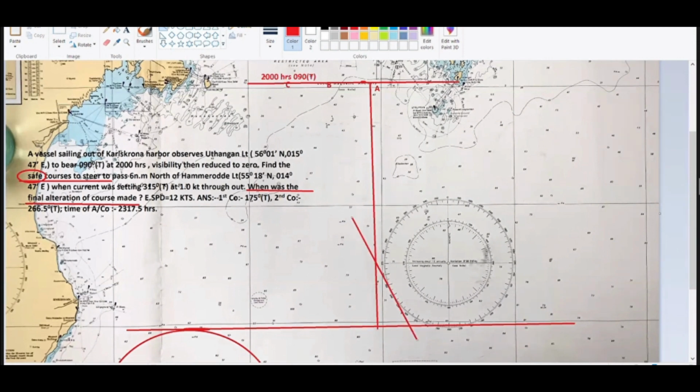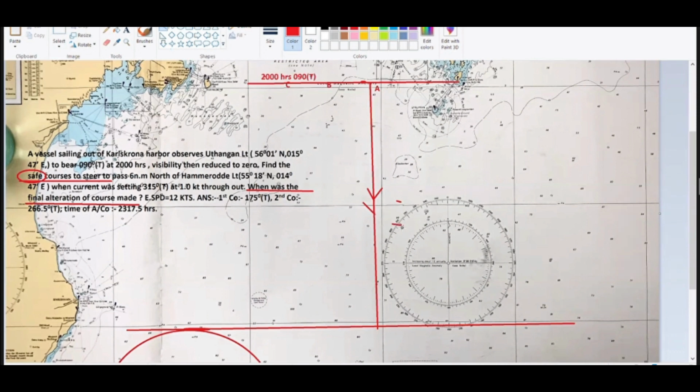So from A, cut your current. Suppose A to P, I'm cutting the current. So 315 into 1 knot I cut, and this is 315 into 1 mile.